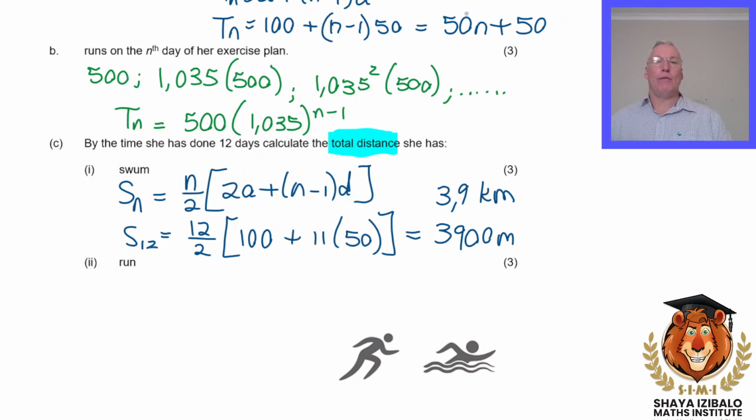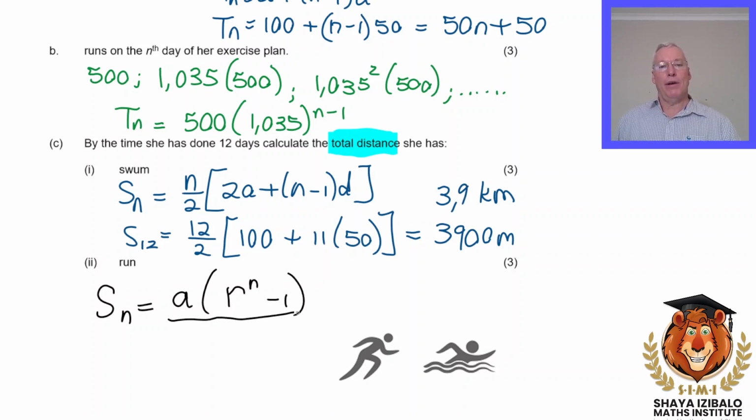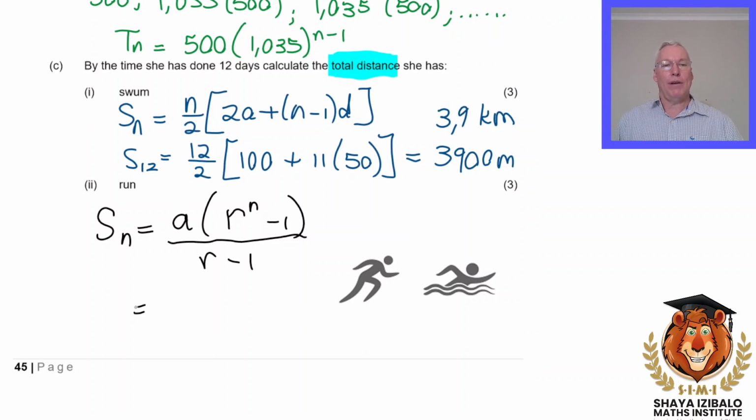Okay, let's look at the running. Well, the running, we need to use this formula because we're going to add up some terms of a geometric sequence: a times r to the n minus 1 over r minus 1. Okay, and remember on day 1, a was 500.